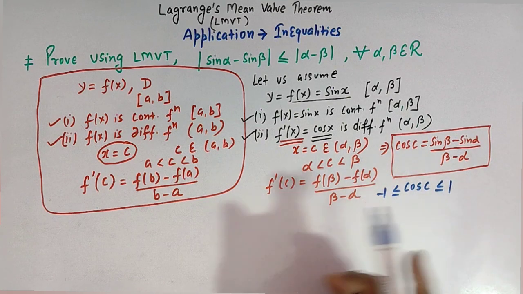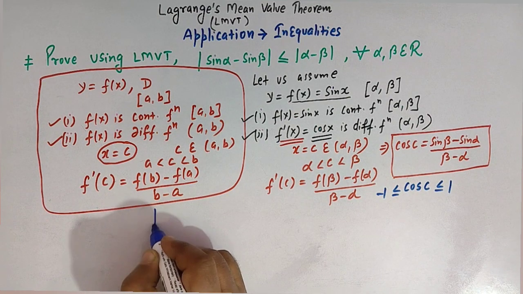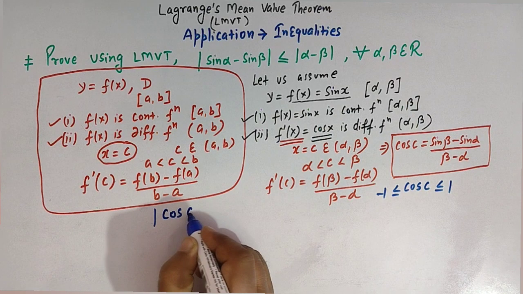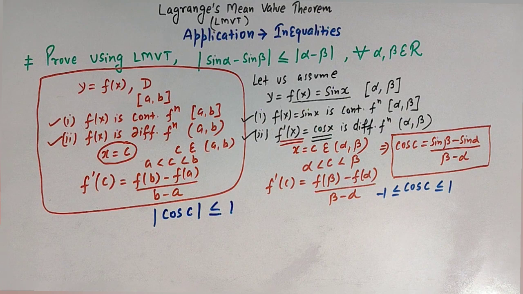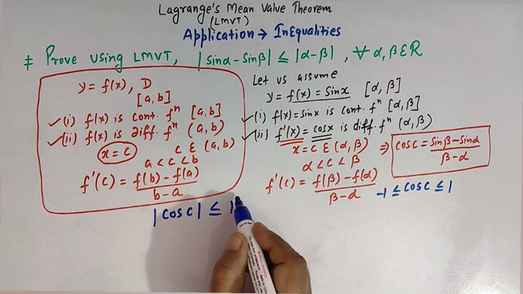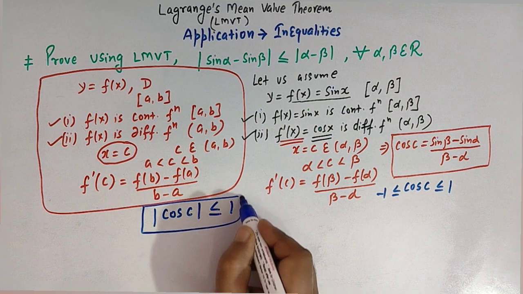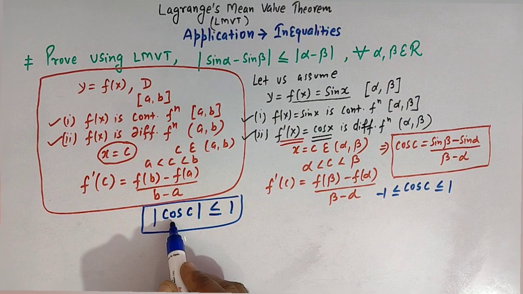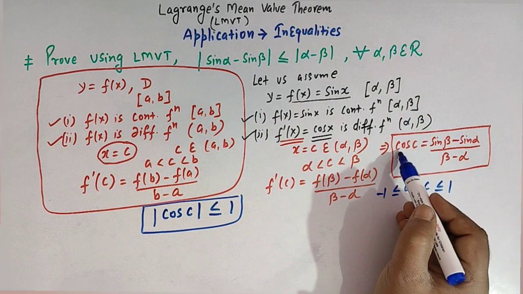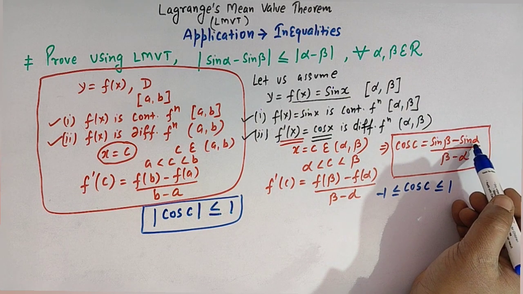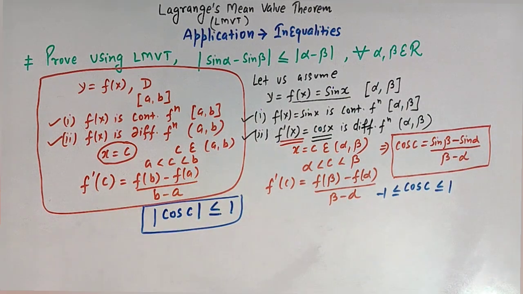So this expression can also be written as mod of cos of c must be less than or equal to 1, right? So this is an important result in trigonometry. So mod of cosine c must be less than or equal to 1. So cos c is sine beta minus sine alpha over beta minus alpha.